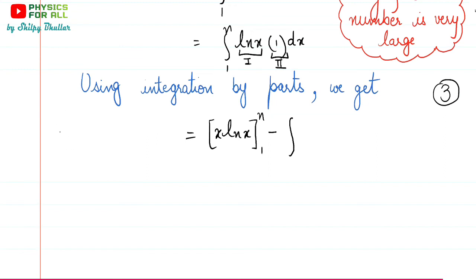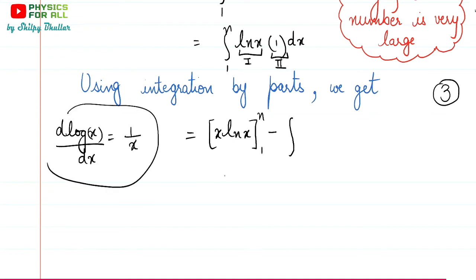We have d of ln x by dx, that is equal to 1 by x. Okay, this is the thing, so this we are going to use. So derivative of first function, that would give us 1 by x, and integration of second function, that would again give us x, and then dx as it is, and again the limits.